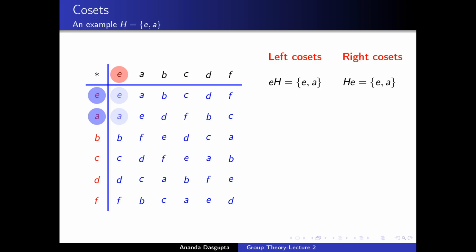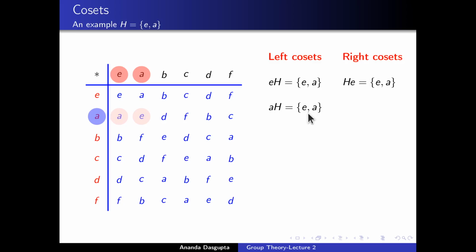A bit non-trivial is the fact that if you were to multiply the subgroup capital H by a on the left or a on the right, you will again get the subgroup back. It's slightly more non-trivial than multiplying by identity, but it should be obvious. This basically follows from the fact that we are talking of a subgroup after all. So, if you multiply by a on the left, the subgroup e and a, I'm going to get ae, but remember this is a set, so the order doesn't matter.